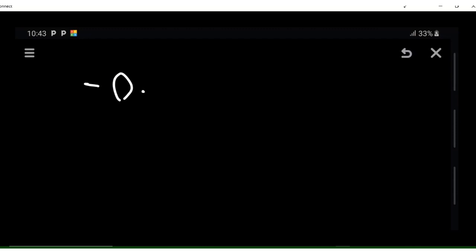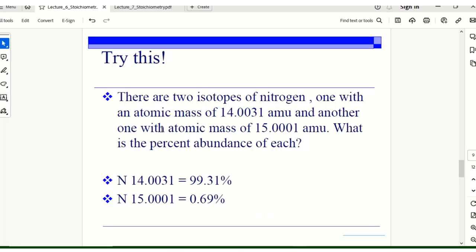Let me check if I've gotten the right values. Okay, so we have three zeros, 1, 2, 3, right?